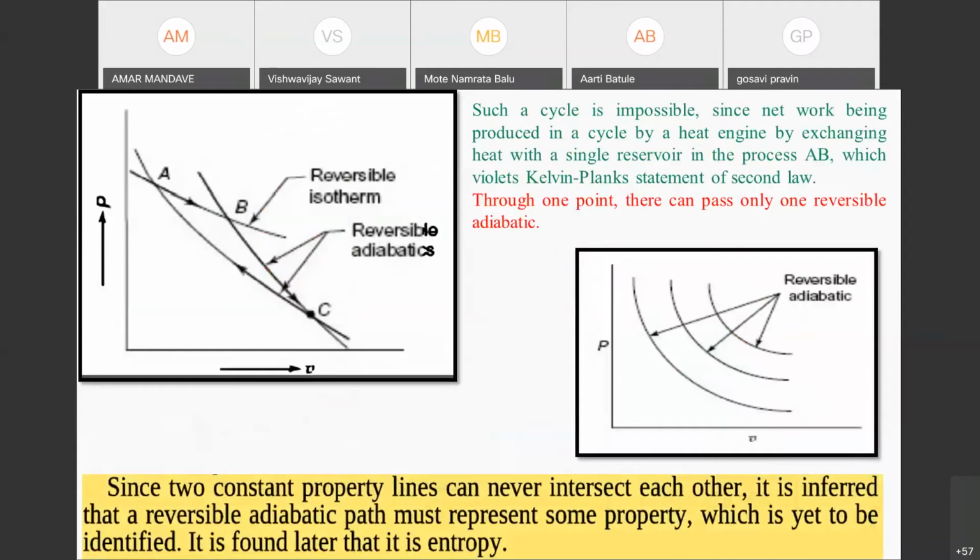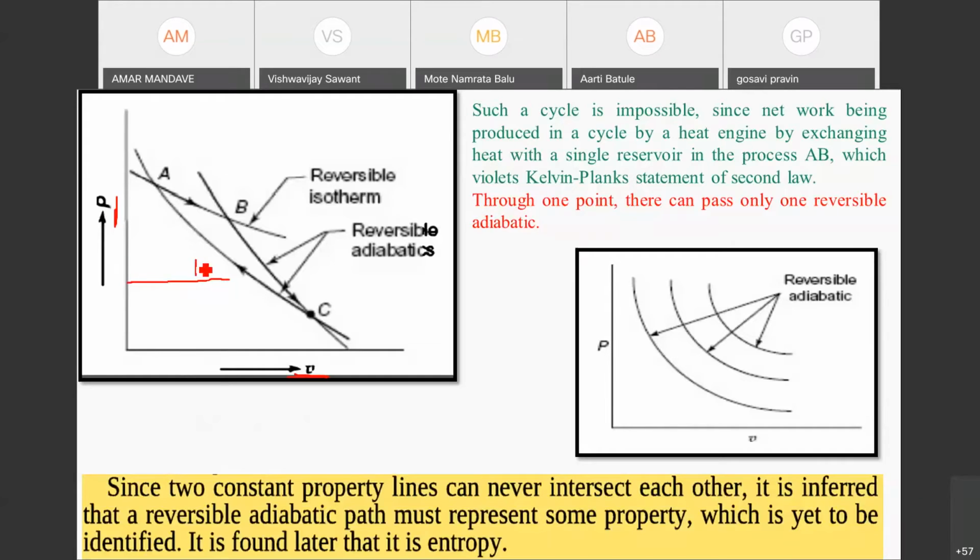Now the second concept is that, consider there is a plot, the pressure versus volume plot. Whenever we want to draw a constant pressure line, how do we draw it? Just draw a horizontal line, parallel to the x-axis, and it is the constant pressure line.